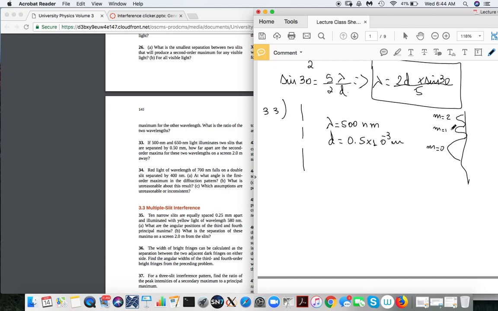So m equals 0, 1, 2. Second order maximum, so I'm taking this one. So I'm going to take m equals 2, since it's a maximum.